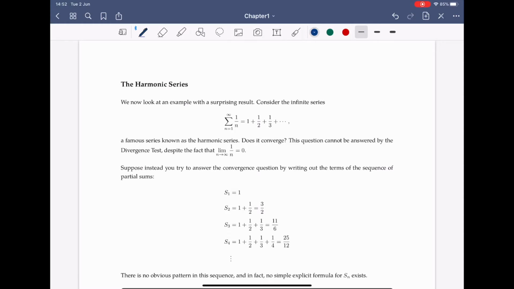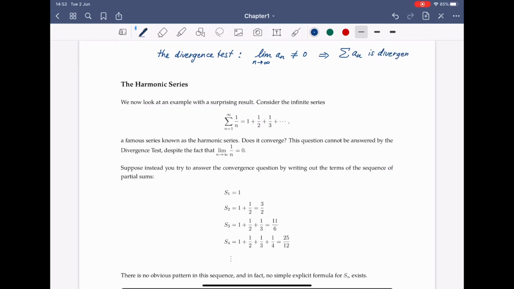First, let's recall the divergence test. This is the statement: if the limit of a sub n is not equal to 0, then you can conclude that the summation of a sub n is divergent.